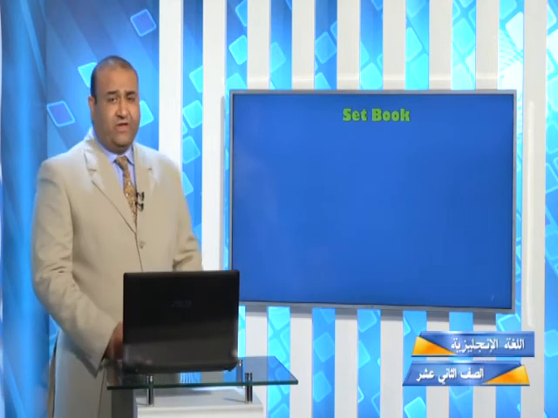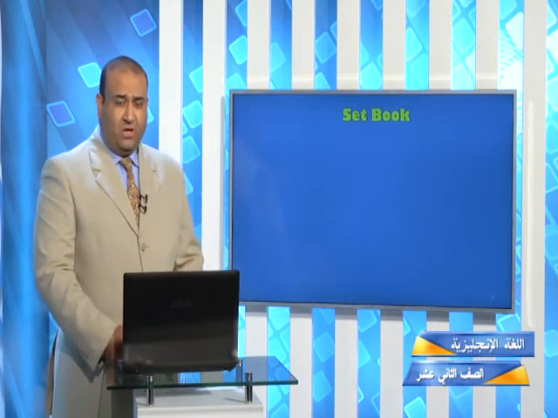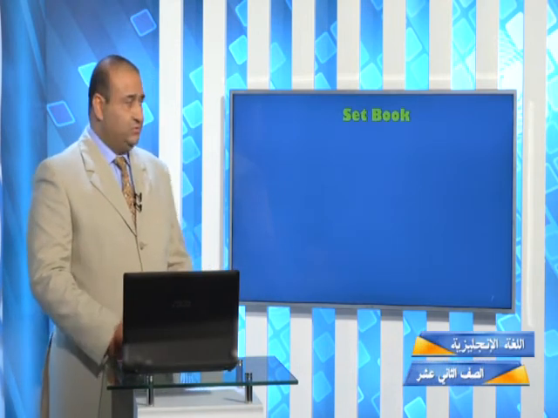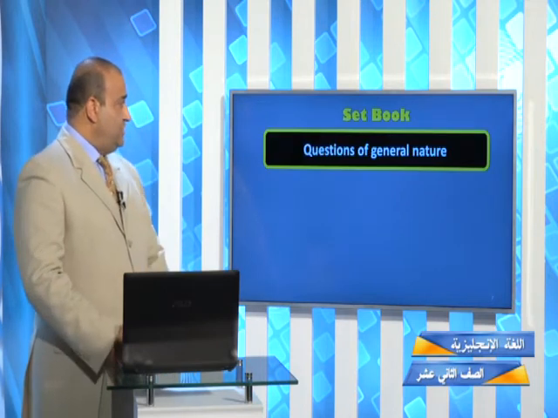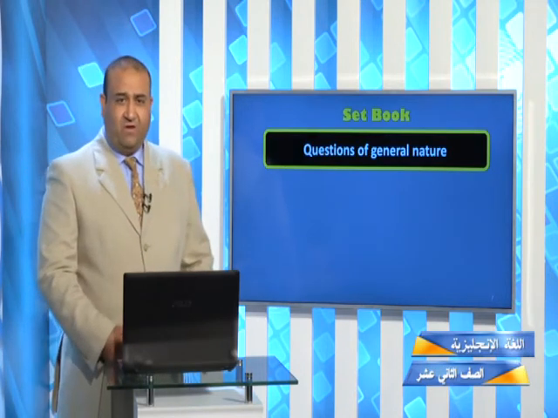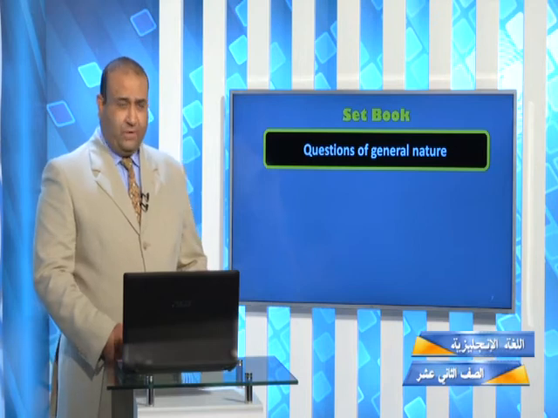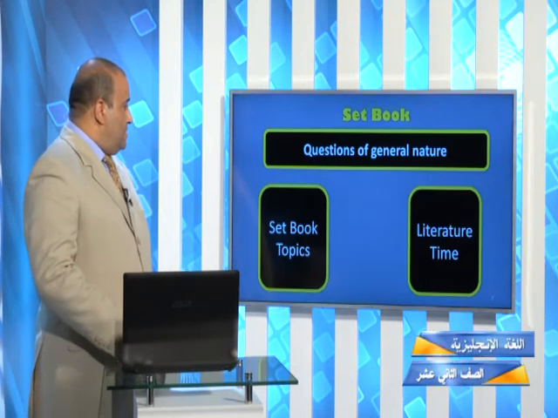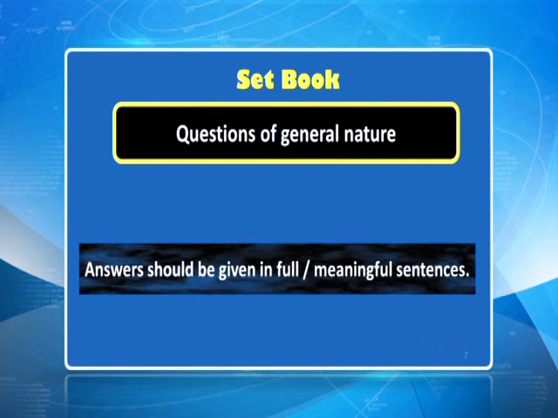Now let's concentrate on the set book allotted to the textbook, Over to You. The questions you are going to be given are of general nature, so don't worry. This kind of question is a little bit like a composition or an essay writing.